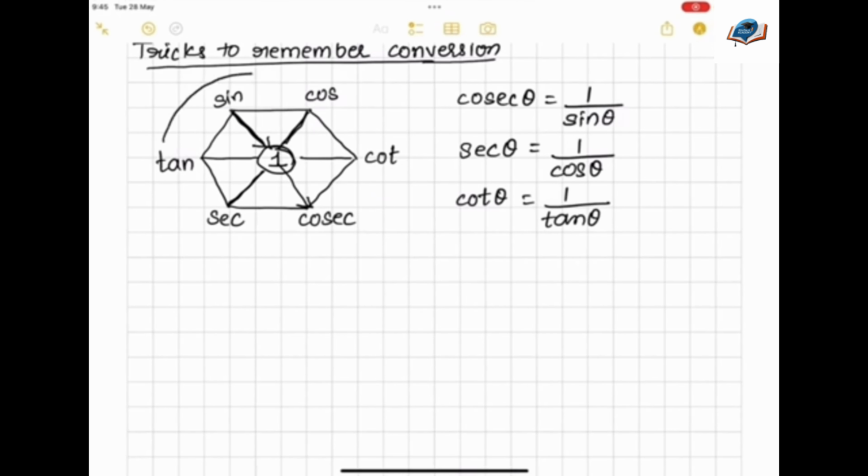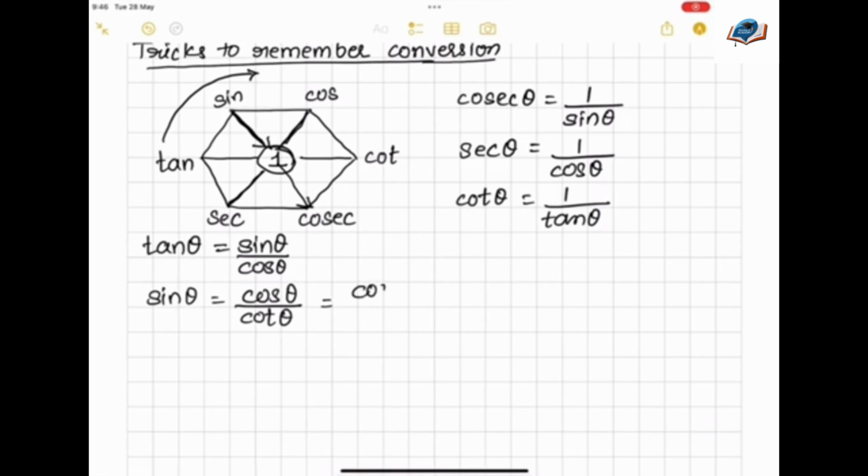Now if I move like that, along the arrow, tan theta equals sine theta upon cos theta. Sine theta will be equal to cos theta upon cot theta.